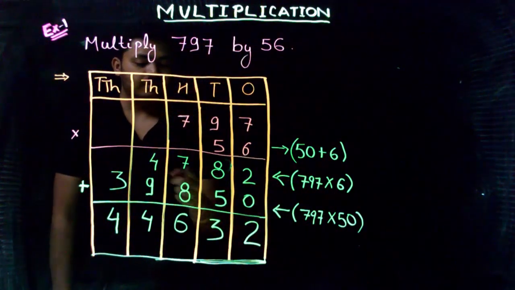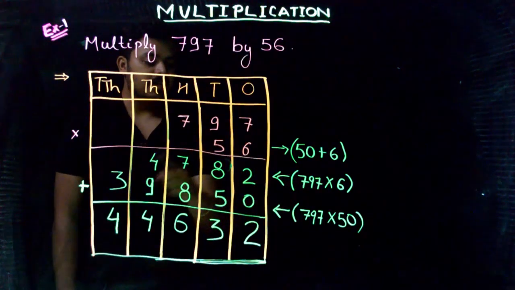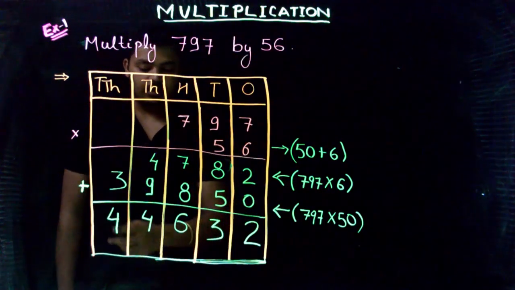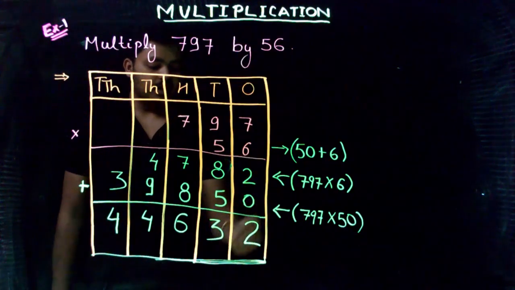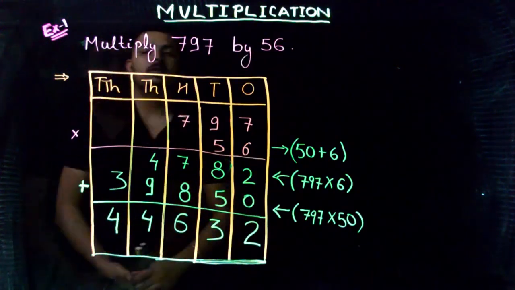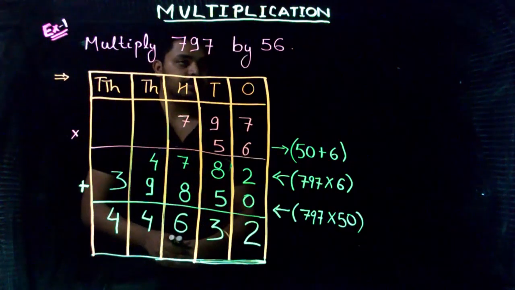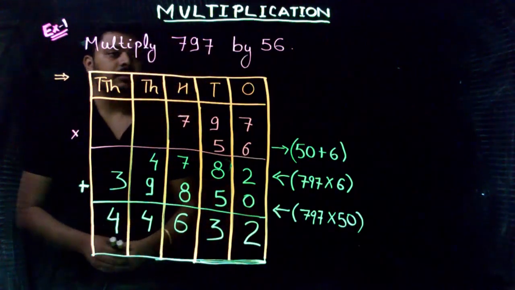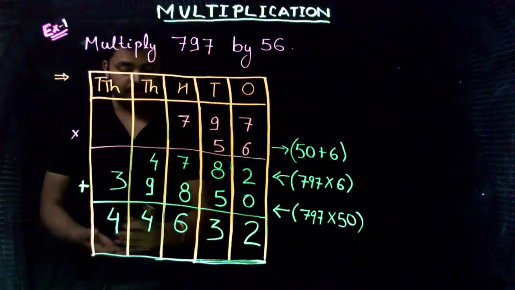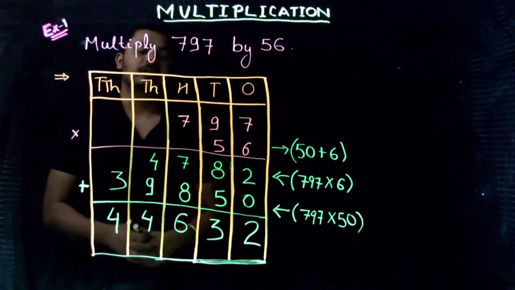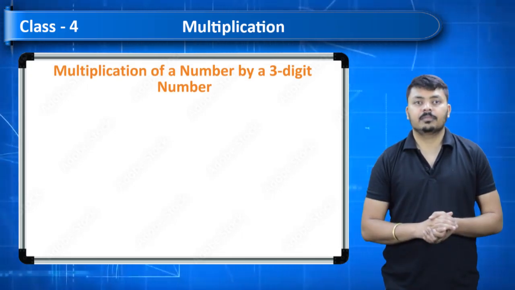As we have done, we have added up both the resultants and we get our answer, that is the product of 797 and 56. Or we can say, when we multiply 797 by 56, our answer is 44,632.